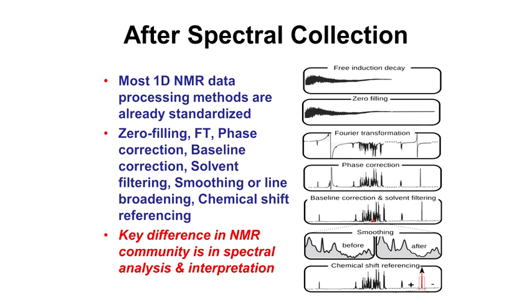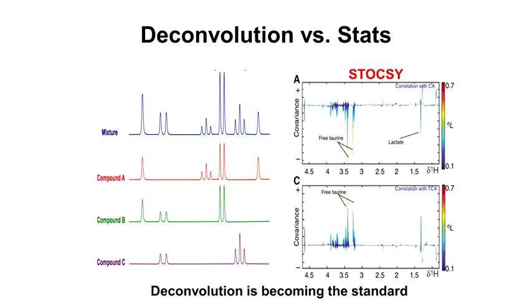So those are pretty much standard. There's very little difference between what labs will typically use. The only difference now in metabolomics is how the community will interpret and analyze the spectra. So it's nice that we've got this consensus up to the stage where we've got our spectrum. But from there, things diverge.